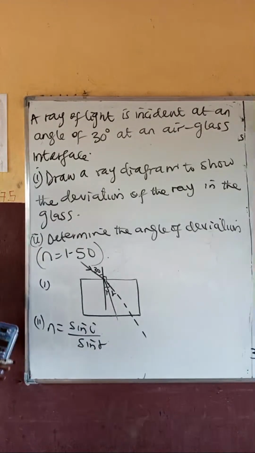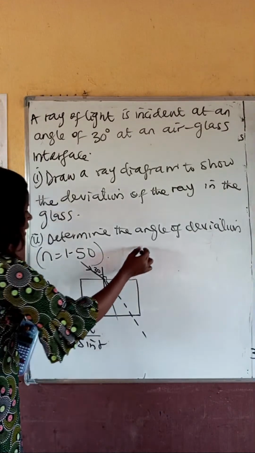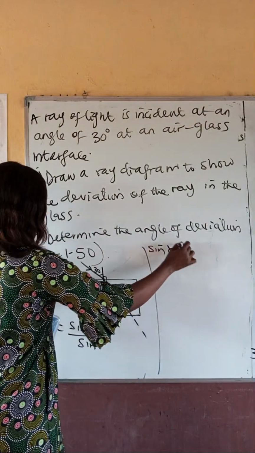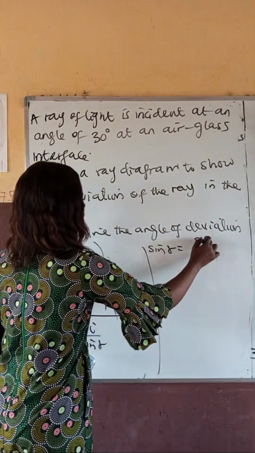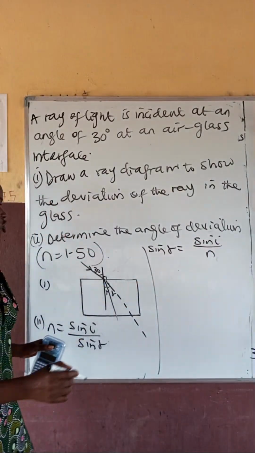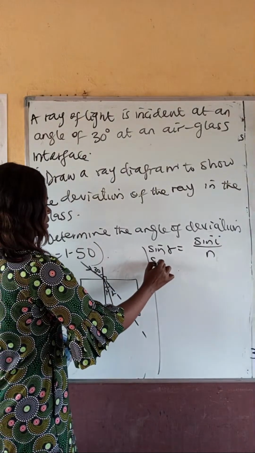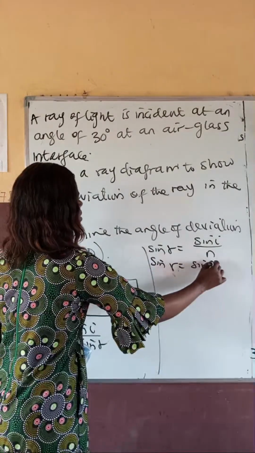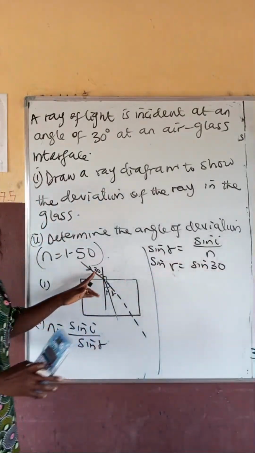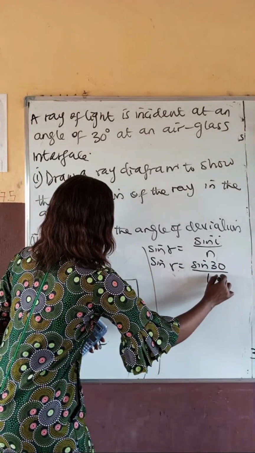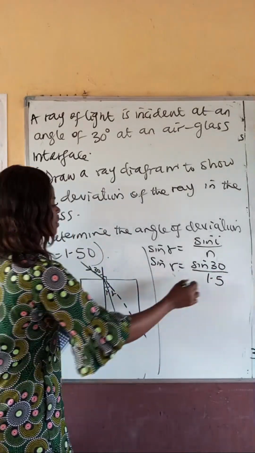Now, since I'm looking for r, sine r is equal to sine i over n, right? To make it the subject, sine r is equal to sine 30, because i is equal to 30, divided by 1.50.